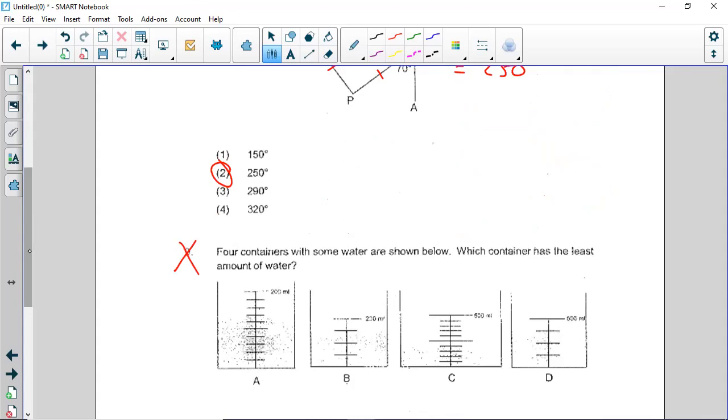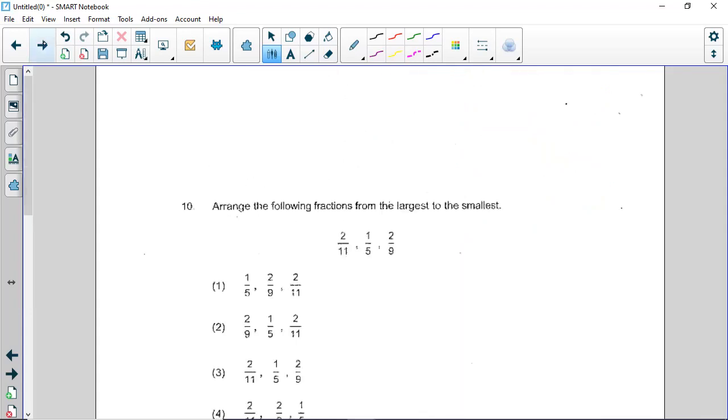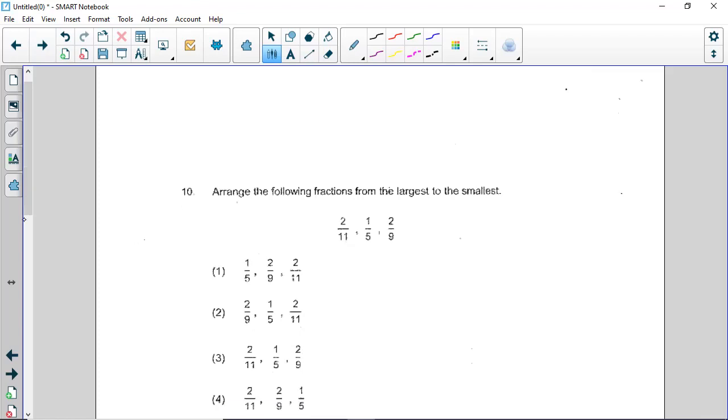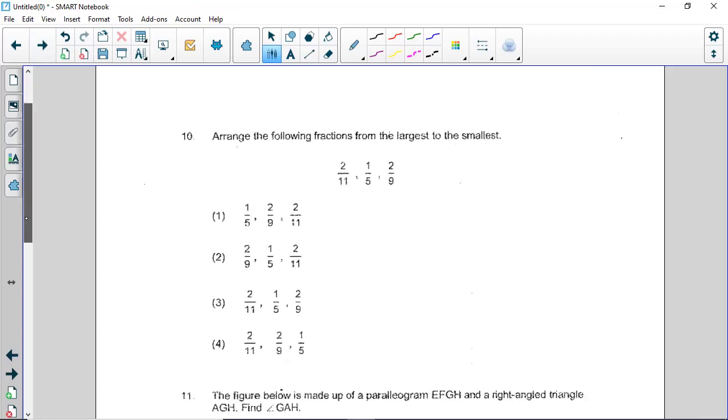Okay, question 10. Arrange the fractions from the largest to the smallest. What do you do? You either make the denominator the same or you make the numerator the same. Which is easier? We make the numerator the same, which is easier. So 1 times 2 and 5 times 2. You will get 2 over 10 and 2 over 9.